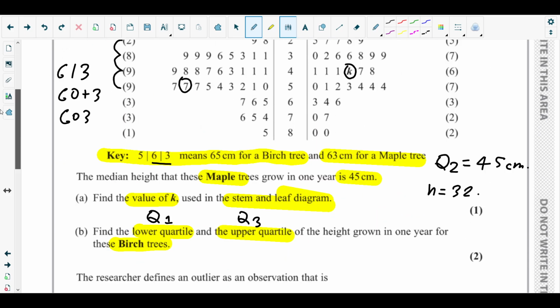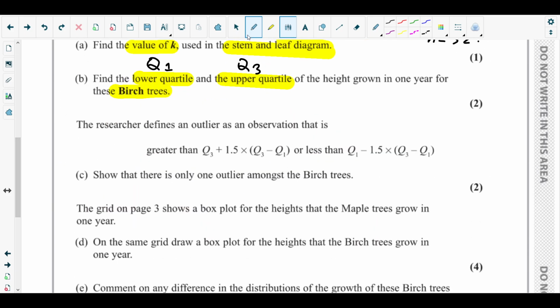Okay, next, what they said. The researcher defines an outlier as an observation that is greater than Q3 plus 1.5 times Q3 minus Q1, or less than Q1 minus 1.5 times Q3 minus Q1. So we need to show that there is only one outlier amongst the birch trees.